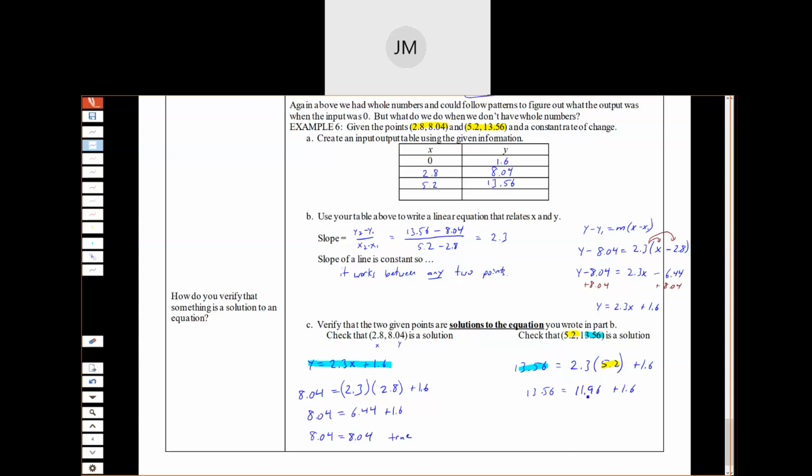And now when I add, I'll end up with 13.56 on the right. I have 13.56 on the left. So I have a true statement. So I can see that I have a solution. Both of the points I started with are a solution for the equation I wrote down. Okay, so it sort of verifies that my equation is correct. All right.